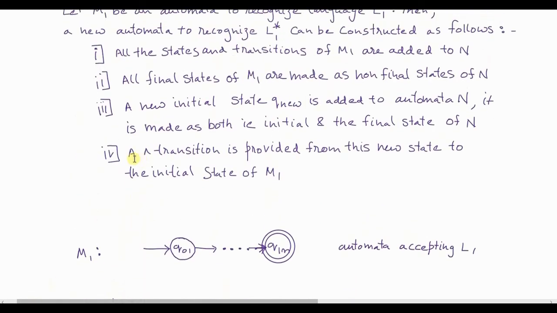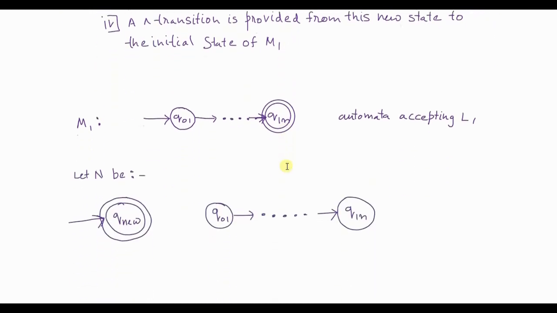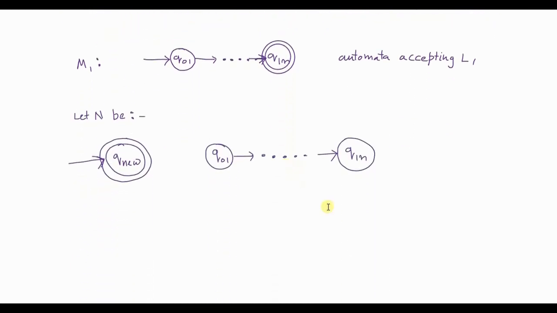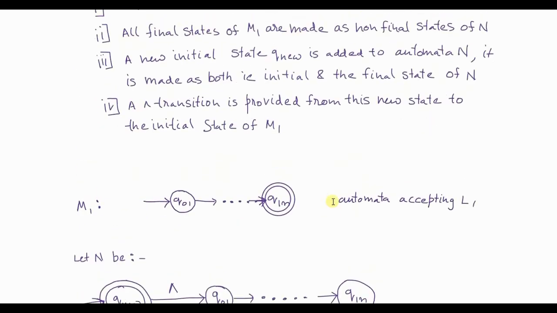Then a transition is provided from this new state to the initial state of M1. A null transition is provided from this new initial state to the start state of M1. And I forgot to write another step here. I will write it now.